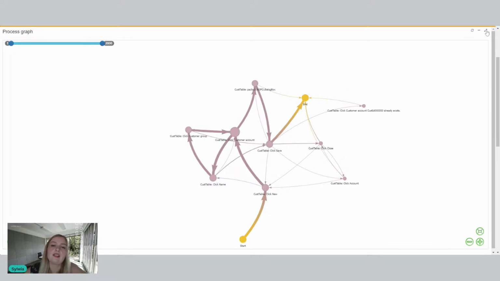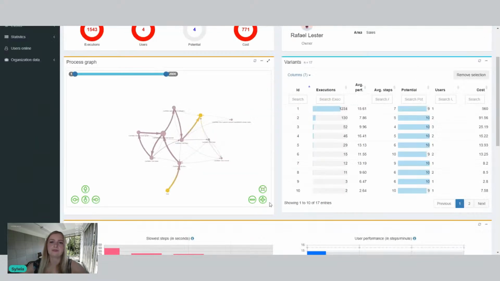So we can study in general what the process in total with all variants looks like, but we can also analyze different variants, maybe to find the perfect one, the most optimal one, the one that should be used throughout the company. And here on the right, you can see some information about different variants.